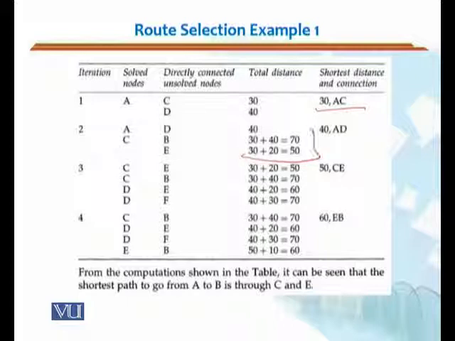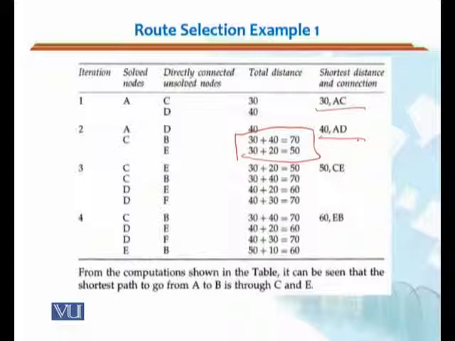Now you should know how to do these calculations. The first 30 is actually from A to C. So the least distance is from A to D, which is 40; 50 and 70 are actually higher than that. So we select the shortest distance, and we have one more solved node, which is D now. So the third iteration would be, now there is no node connected with A which is not selected or solved.